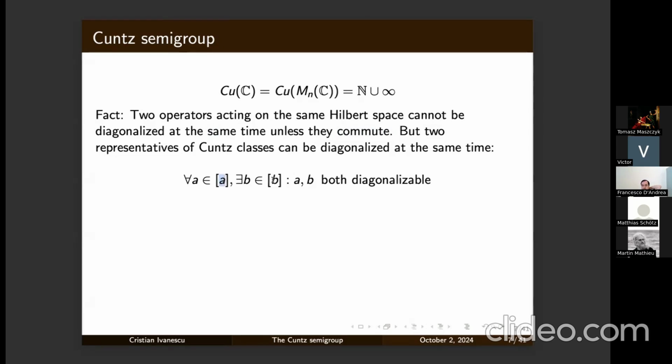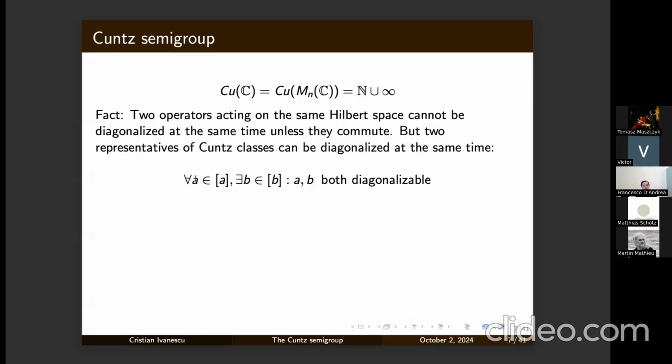Say I have two classes, the Cuntz class of A and the class of B. For any A in the first class, I claim that I can find B in the second class such that both of them are diagonalized at the same time. Now, why is this significant? Well, then I can compare the two Cuntz classes. If I can diagonalize at the same time, I can say that if one has rank, say, 2 and the other one has rank 4, then the one which has rank 4 is going to dominate the first class in the sense of Cuntz.